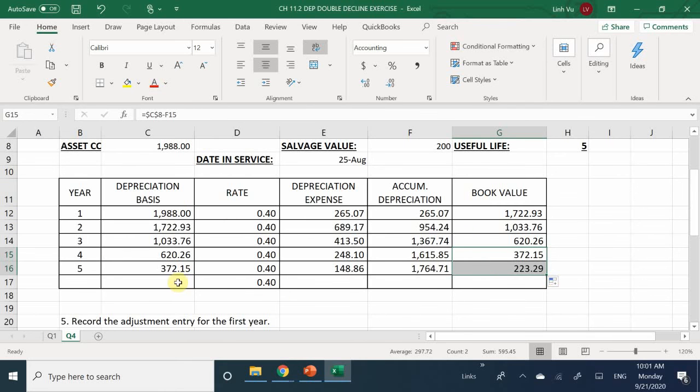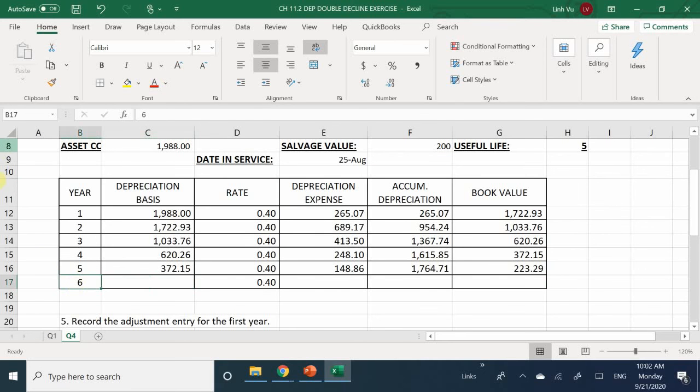Okay, so we know that we've reached our end of the year, and one thing is we are within the salvage value, right? Our salvage value needs to be 200. So let's go ahead and do a potential one. Let's say potentially on year 6, right?